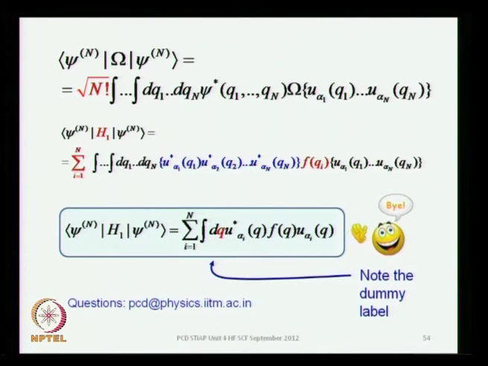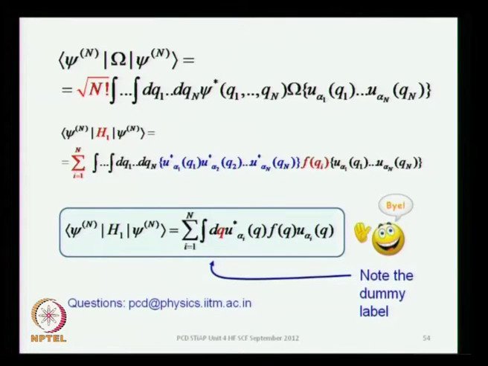Who cares what you call it, right. A rose is still a rose no matter what you call it. So the dummy label q replaces this, and we have now arrived at a very simple expression for the matrix element of the one particle operator.